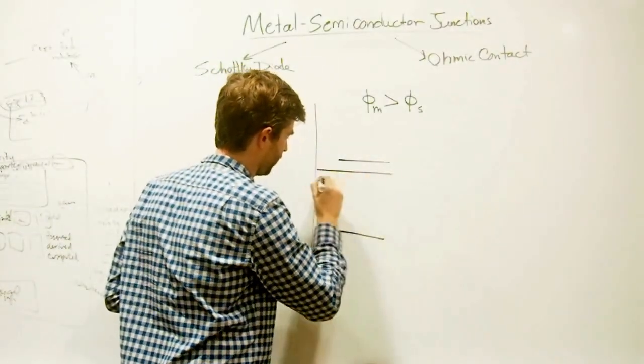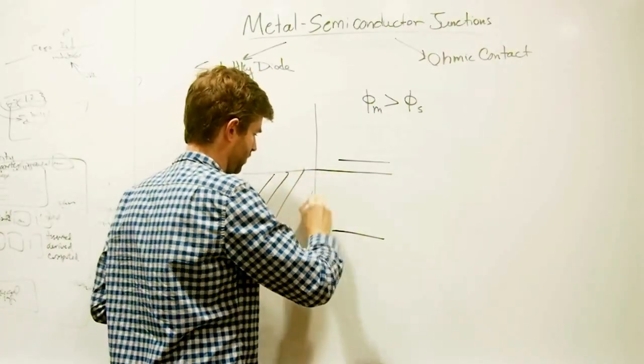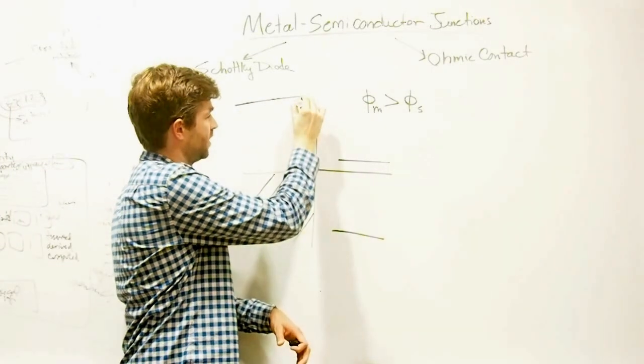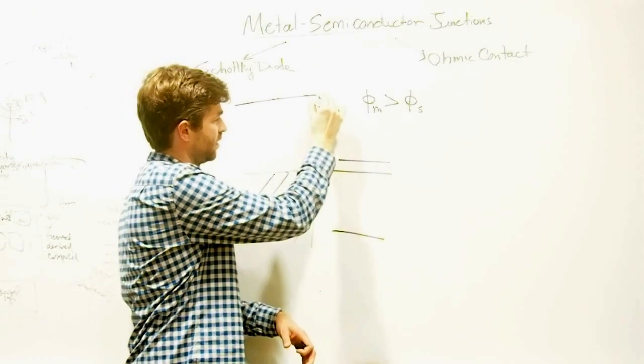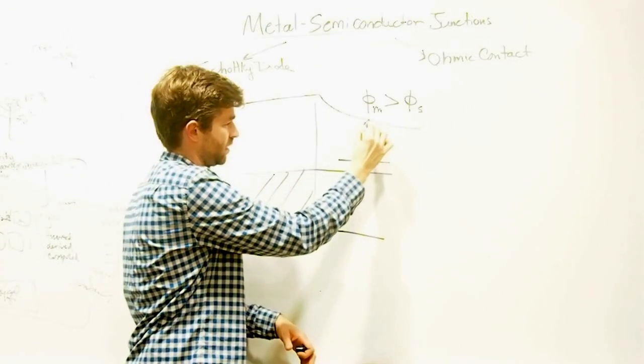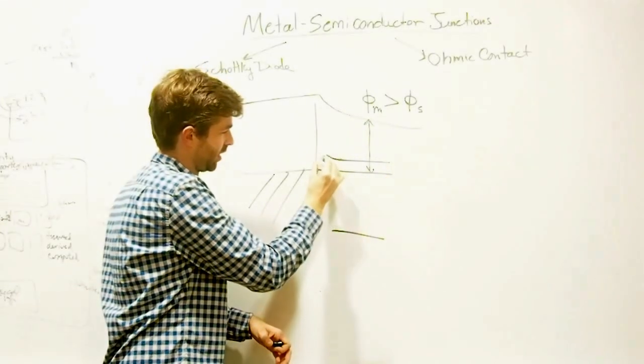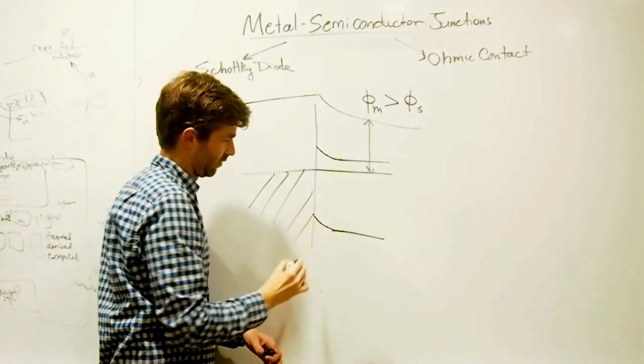I'm just going to line up our Fermi levels. So that means this distance here is greater and this distance here comes down like this, right? So we get this bending right here in the semiconductor at the surface.